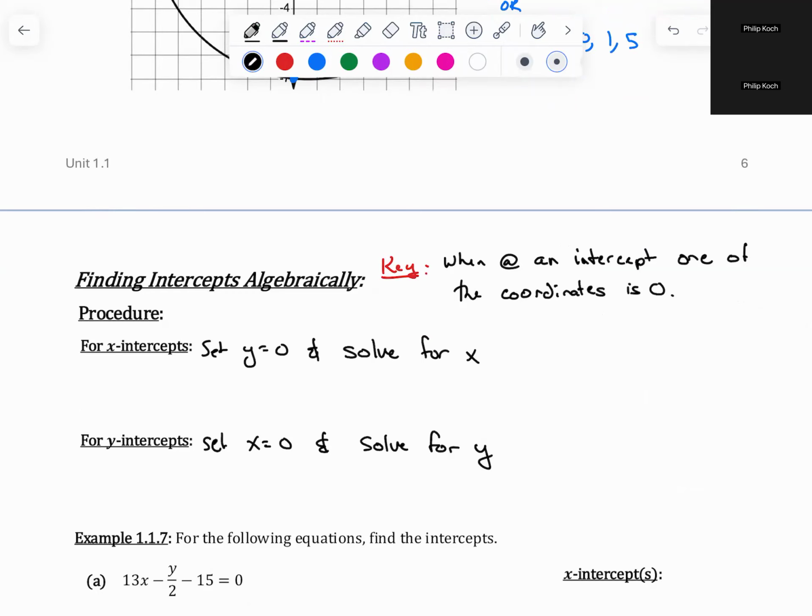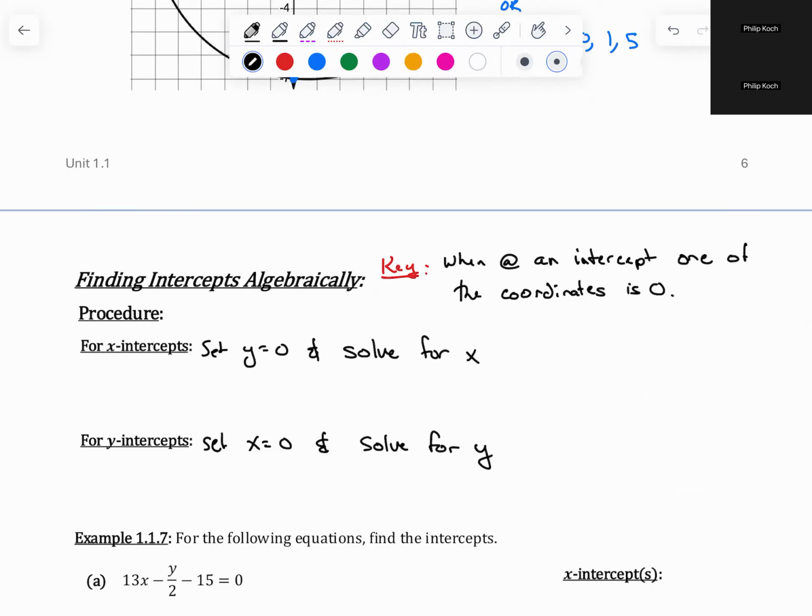Because once again, an x-intercept requires that the y-coordinate be 0. That's the only way you get on the x-axis, is if your y-coordinate is 0. And so you can set y equal to 0 and solve the remaining stuff for x using any methods that we've learned, and vice versa for the y-intercept.